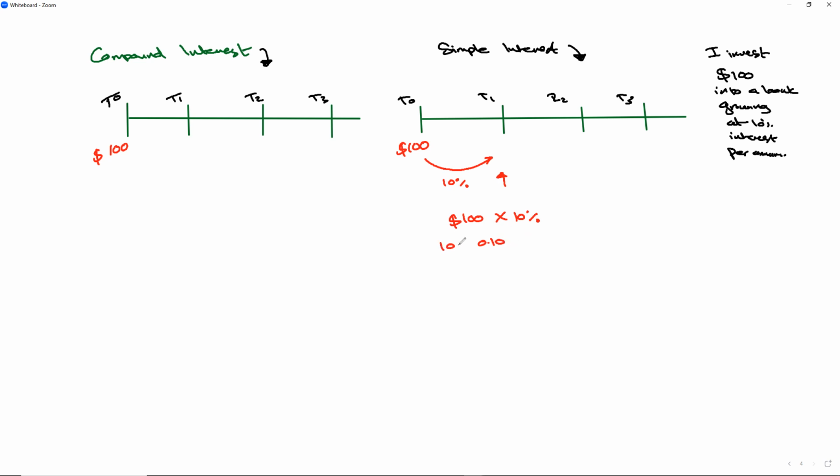Times 100. And that'll come to $10. All right. So plus $10 and get to $110 after 1 year. The thing with simple interest, the reason they call it simple interest is because it's quite simple. We just keep adding $10 onto it. So plus another $10 comes to $120.